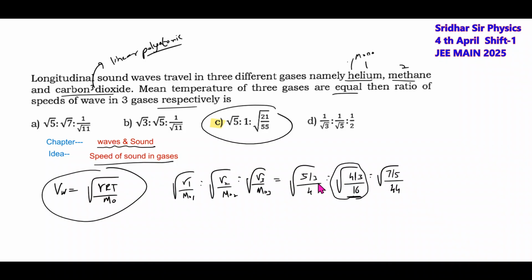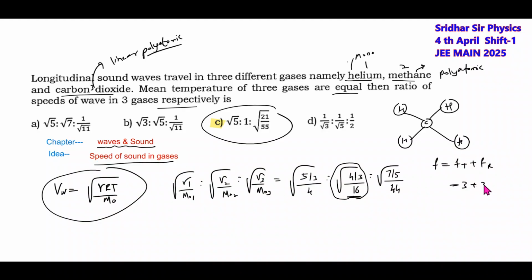Okay, sir, what about methane? Methane is a polyatomic. It will have a total of 3 translational and 3 rotational degrees of freedom, total will be 6. Fine, so Cv equals fR by 2. 6 into R by 2 will be 3R.